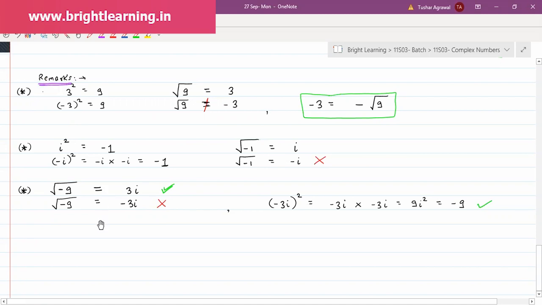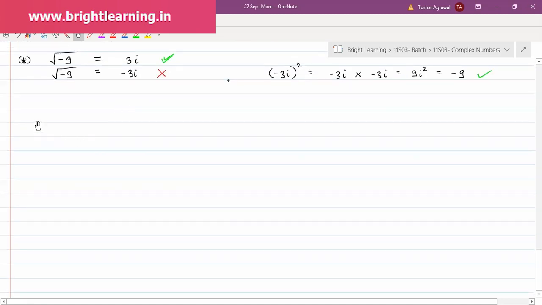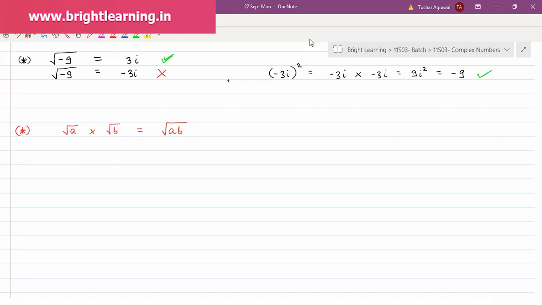So after this, now, under root A multiplied by under root B is equal to A multiplied by B under root. Up till now we have been using this property very broadly, under root A into under root B equal to under root of AB.